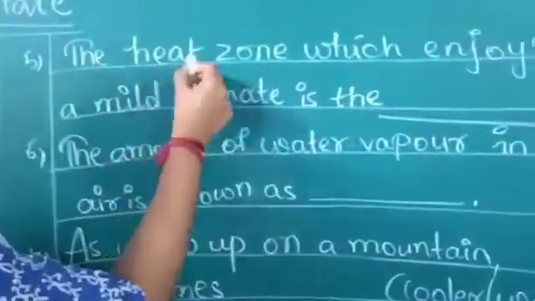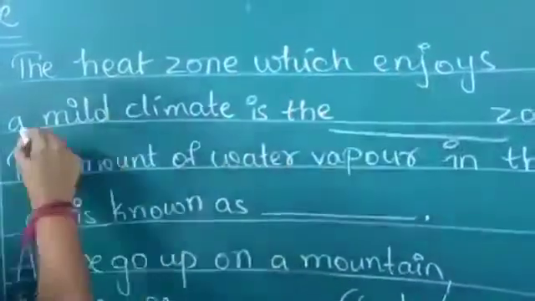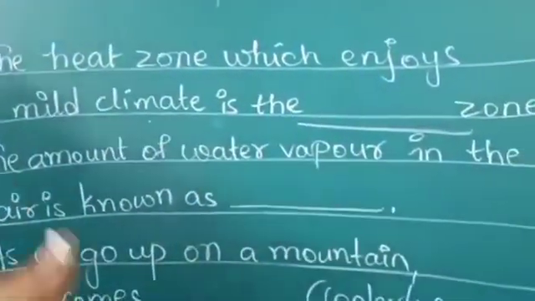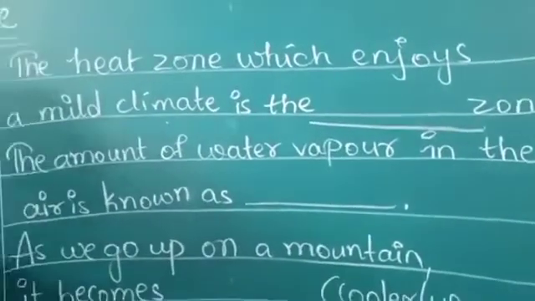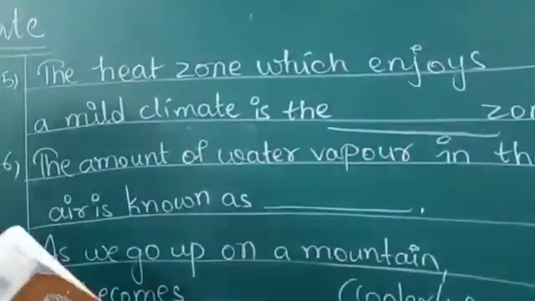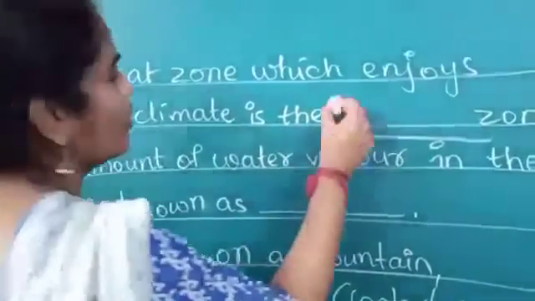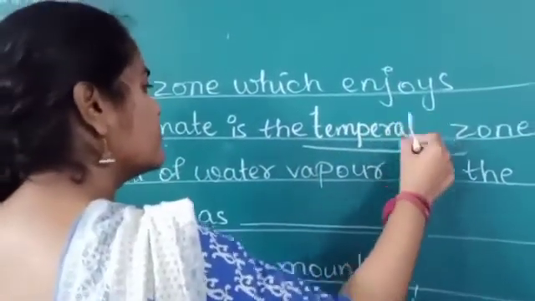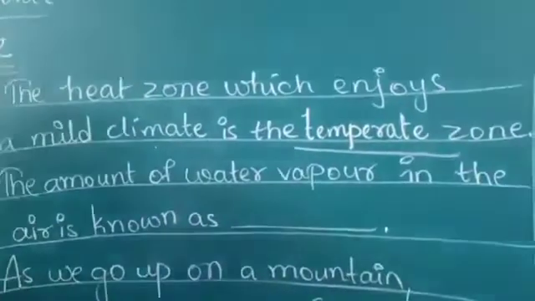The heat zone which enjoys a mild climate is the dash zone. See, neither too hot nor too cold. Which zone is it? It is the temperate zone.